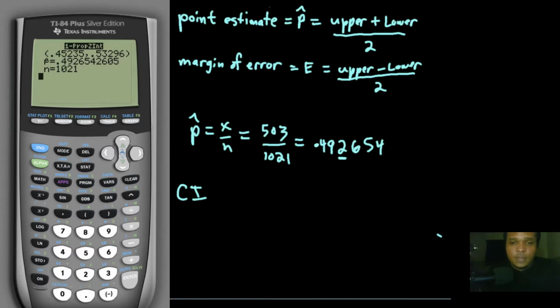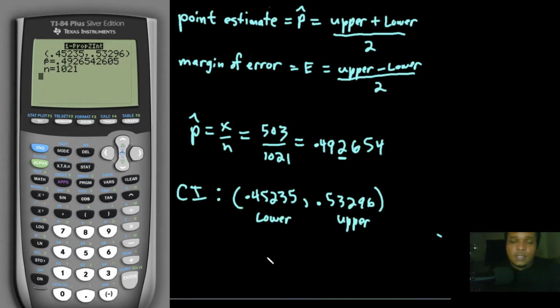My CI is going to be 0.45235, comma, 0.53296. So this is your lower, this is your upper, and to find your E, you take the upper minus the lower, and we're going to divide by 2.